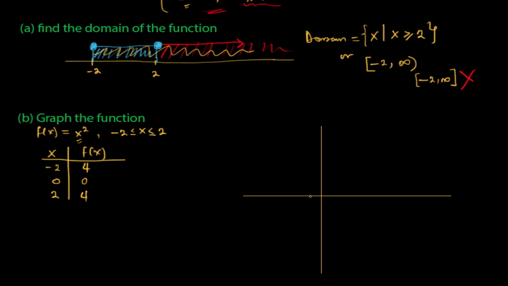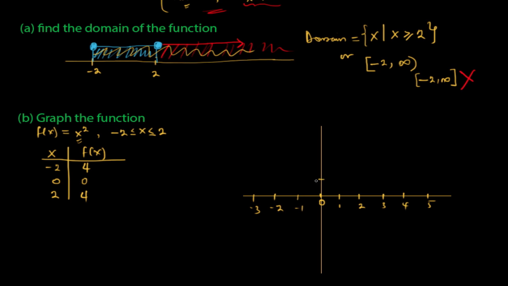by labeling my x-axis. So this is 0 here. Let's assume this is 1, this is 2, this is 3, 4, and let's say this is 5. Let's assume this is -1, -2, -3.